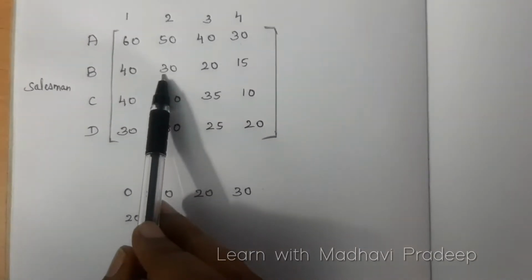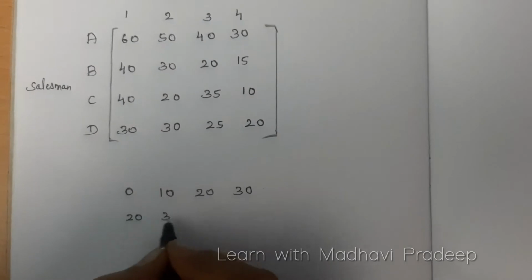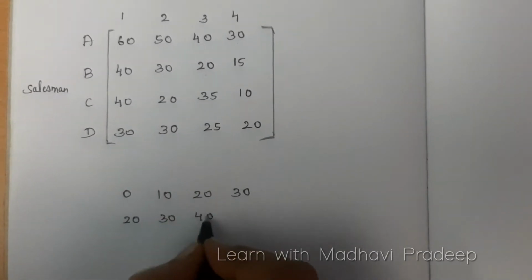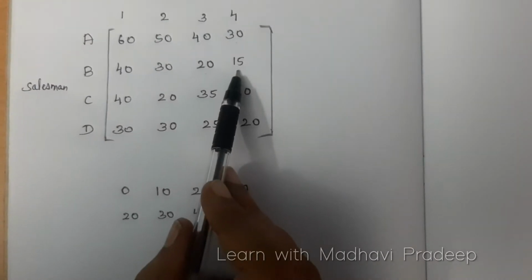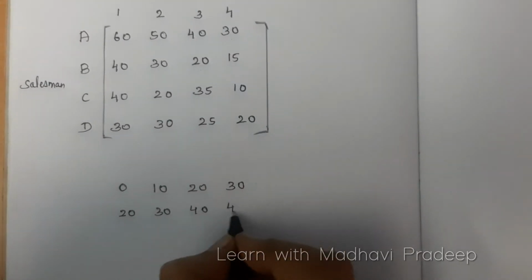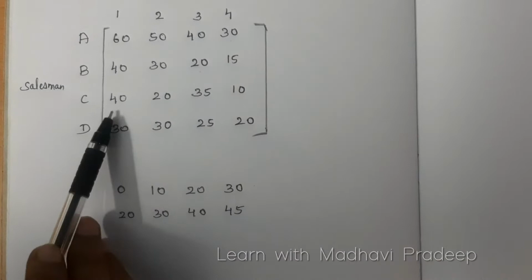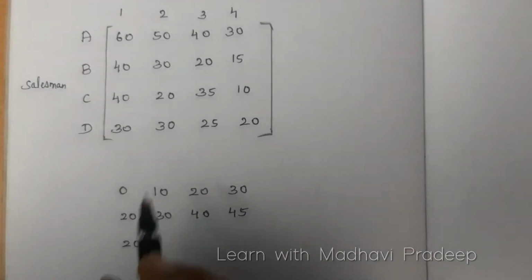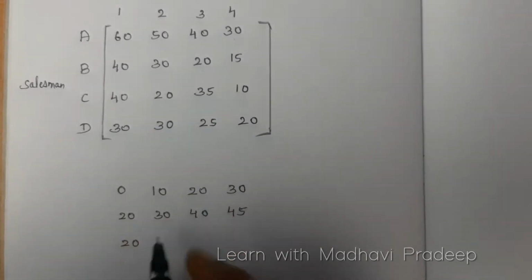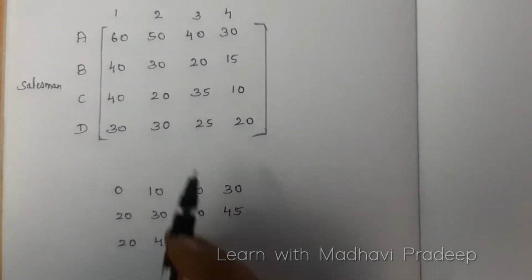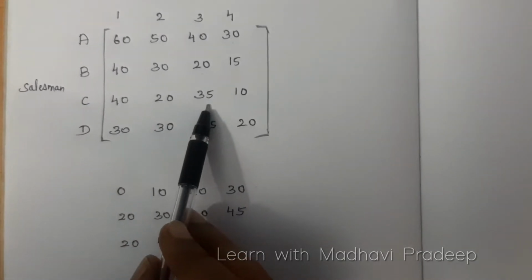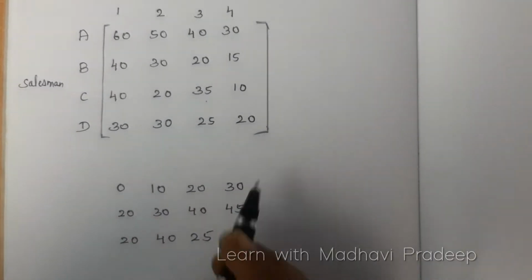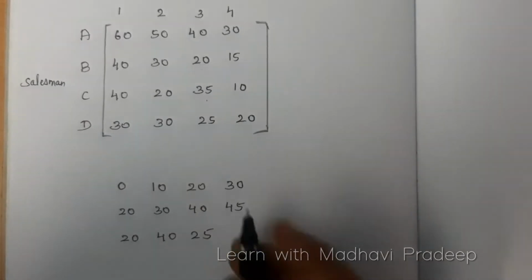Next 60 minus 30, again 30. 60 minus 20, 40. 60 minus 15, that is 45. Next 60 minus 40, 20. 60 minus 20, 40. 60 minus 35, 25. Next 60 minus 10, 50.